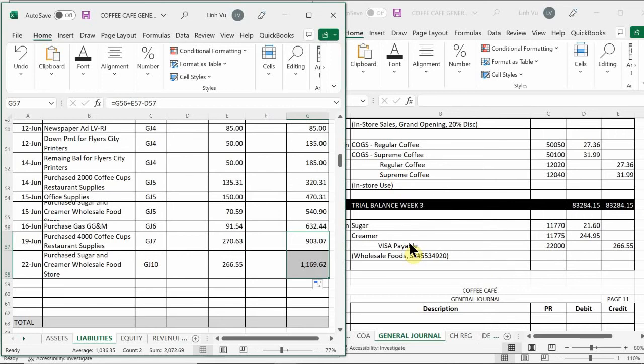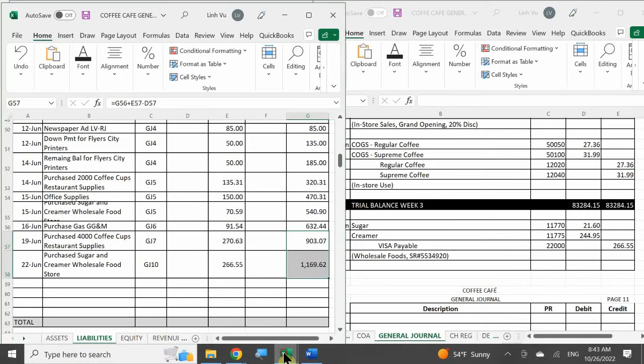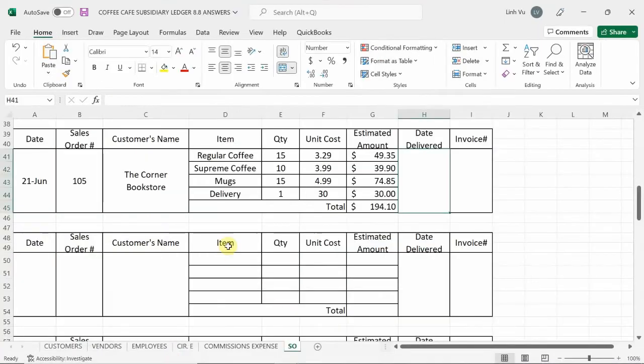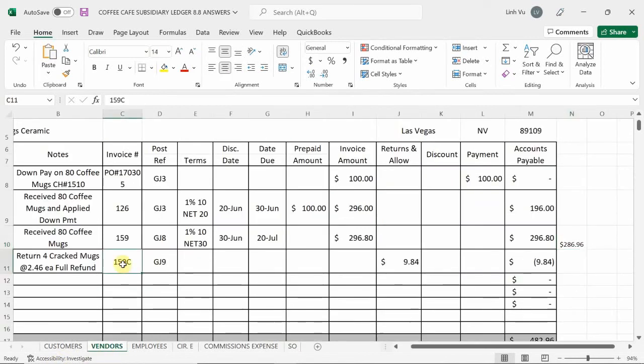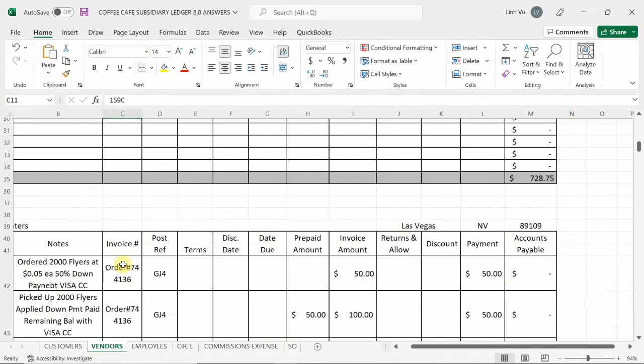So do we go to our subsidiary ledger? Yes, because in case for any reason we need to return anything, we have the receipt and everything. Okay, so restaurant supplies.